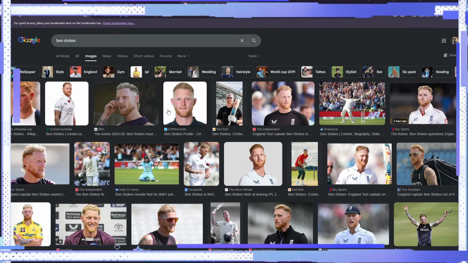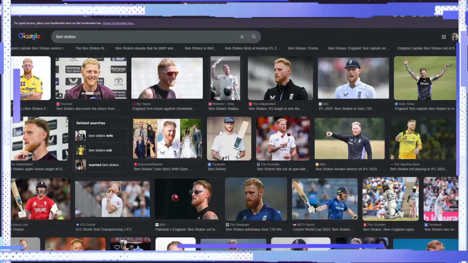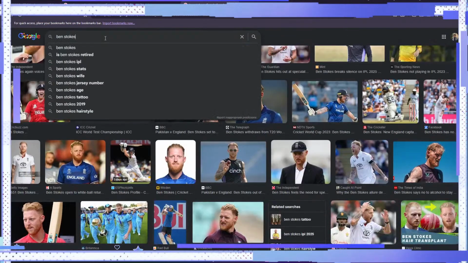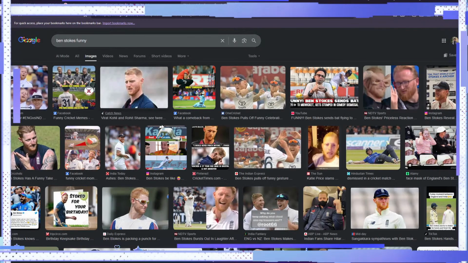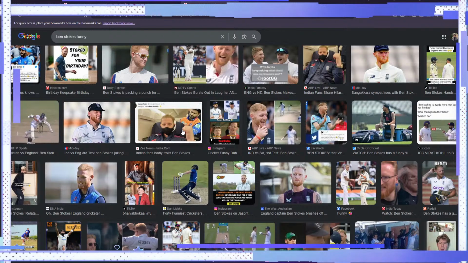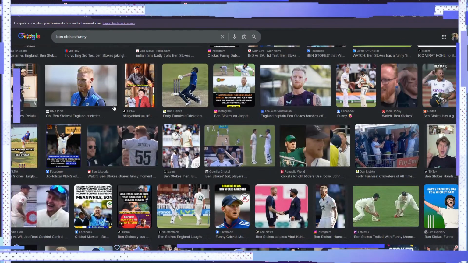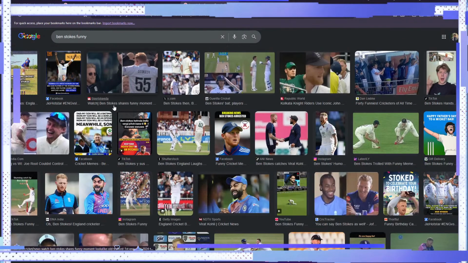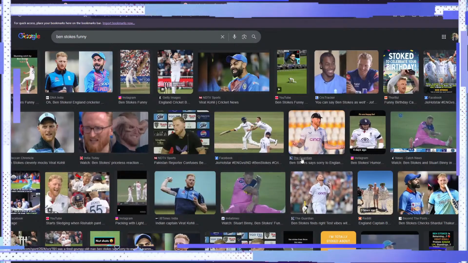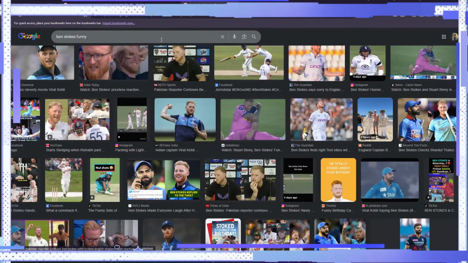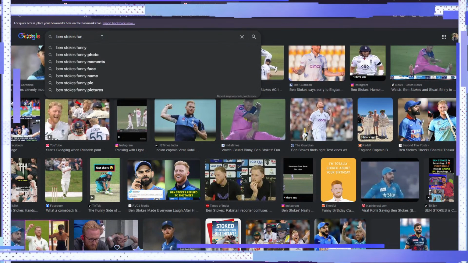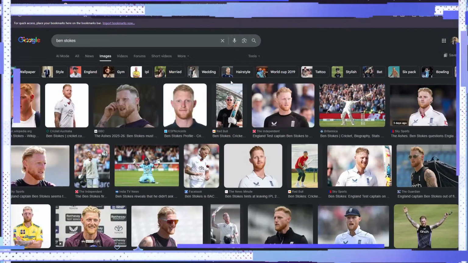Let's pick Ben Stokes. Ben Stokes funny, that's a very dumb thing to search up. Okay, what can we pick? I don't know really. Let's just pick Ben Stokes. Let's find a nice picture.